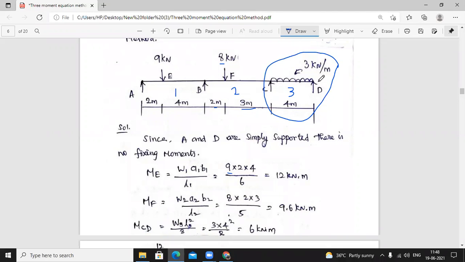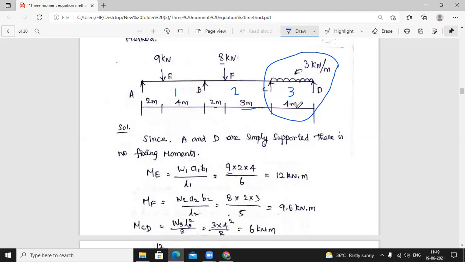Students, please remember, if you want to solve this problem by the theorem of three moments method, you must know all the loading cases' simply supported bending moment formulas. You already studied simply supported beam bending moment formulas in strength of material 1. You have to remember them. Without that, we can't solve even the first step. So WL square by 8. This is the third span bending moment.